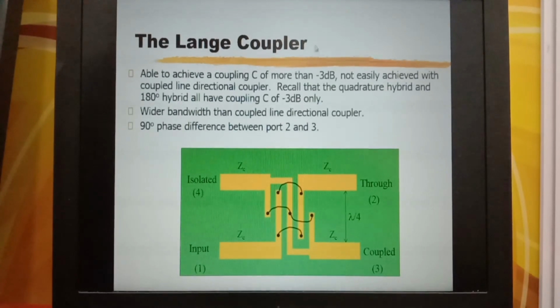A better coupler is the Lange coupler. This is how it looks like. A Lange coupler can be made to have a coupling factor of 3 dB or less.